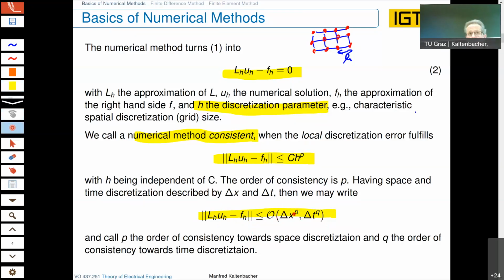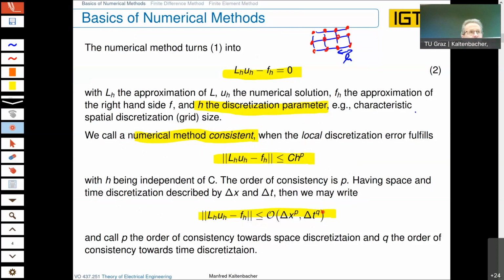It could be 2, or just 1 or 3, or it could also be exponential. Then you have a very optimal discretization. And you also see here the parameter q, the order of consistency with respect to the time discretization. Okay, so these are clearly jobs of mathematicians, not easy to get.